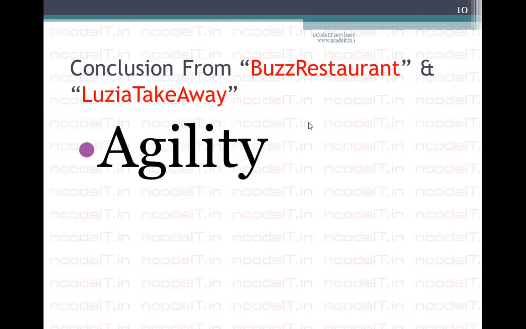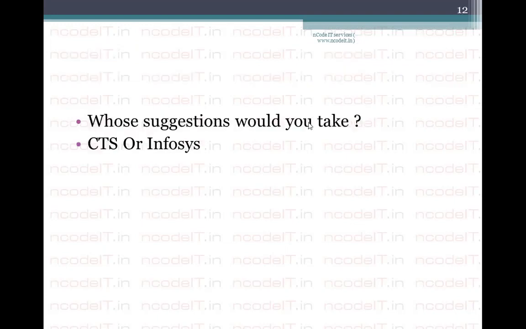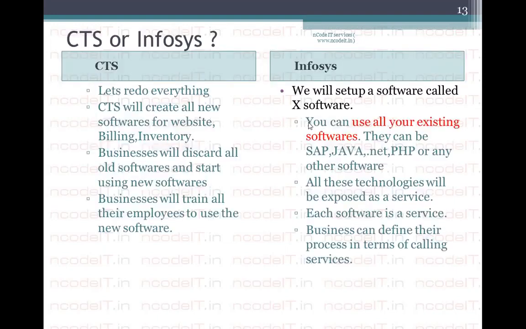Reusability is what the board maker wanted. These are the 2 core things that SOA tries to provide. And let's say all these 3 companies went to a couple of software providers, means the software solution providers. For example, we've taken CTS and Infosys kind of thing too. Now see what CTS has offered and see what Infosys has offered.